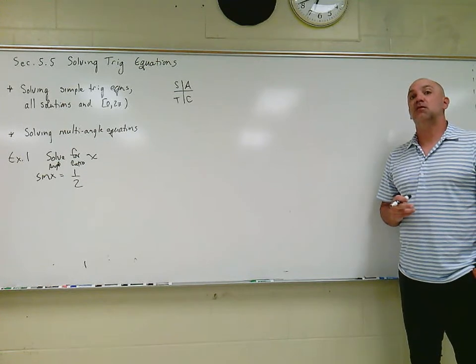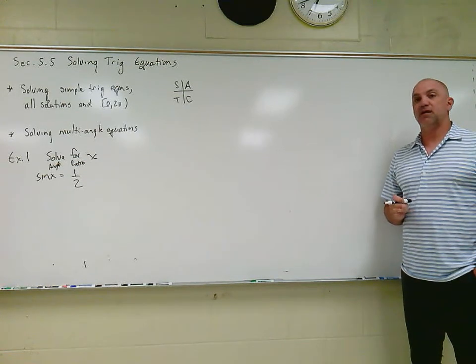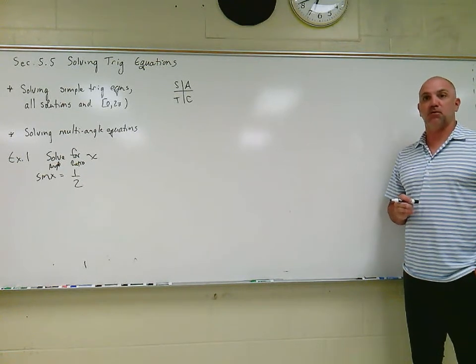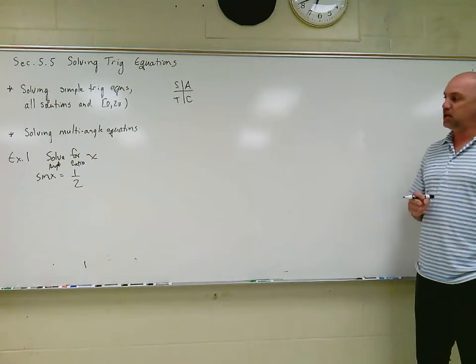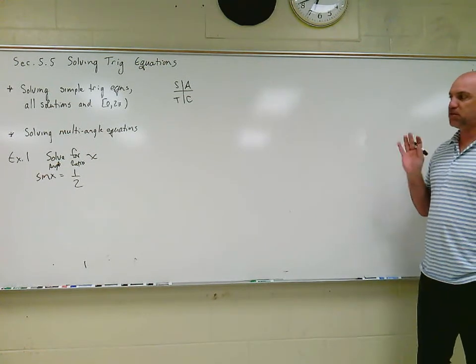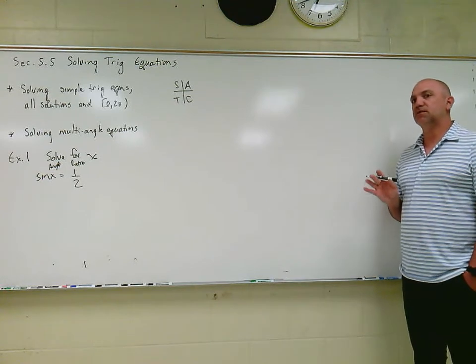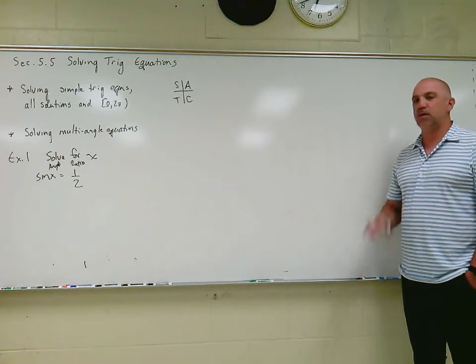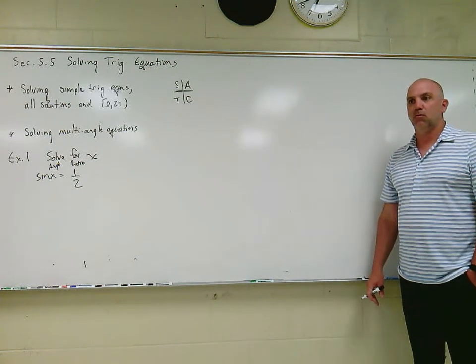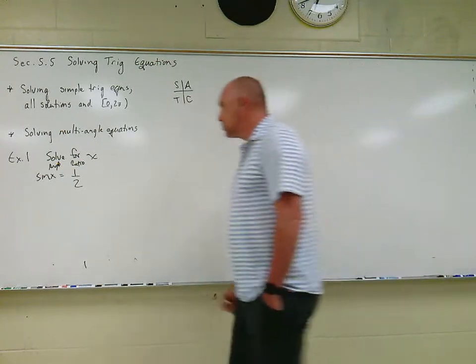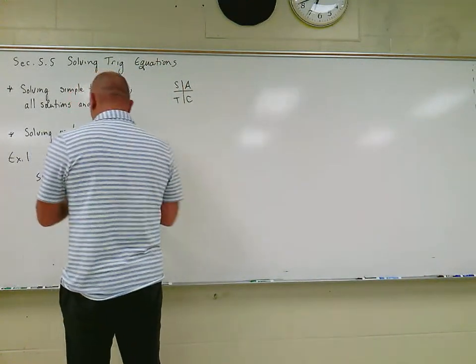What does it tell us? The quadrants where the trig ratio is positive and the quadrants where it is negative. So if we know that we have a positive trig ratio, the angle has to be in which quadrant? 1 or 2.